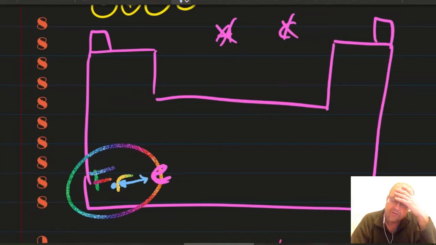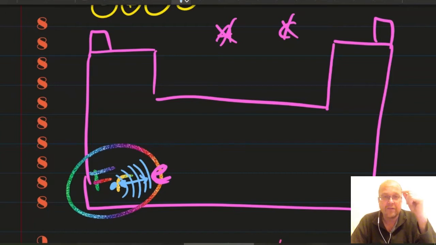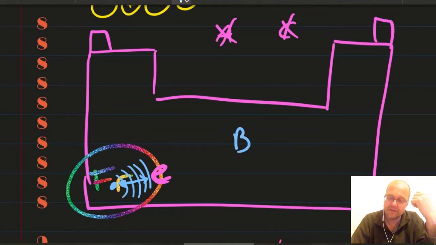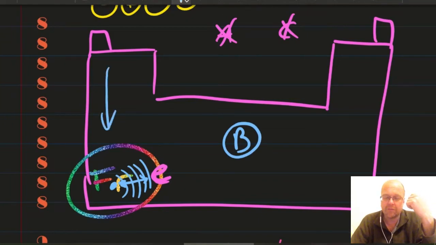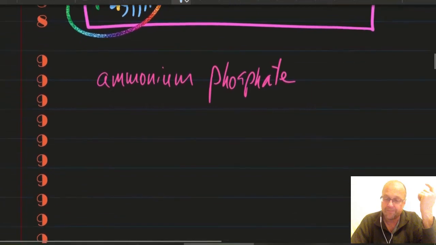The electron's far from the pull of the nucleus. And also there's lots of shielding electrons in between. So francium has the lowest first ionization energy. So that's B, 8B. As you go down a group, it's easier to pull off the electron, because the electron's further from the pull of the nucleus.